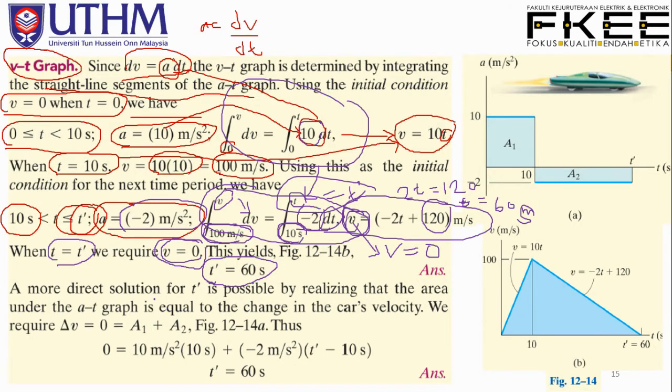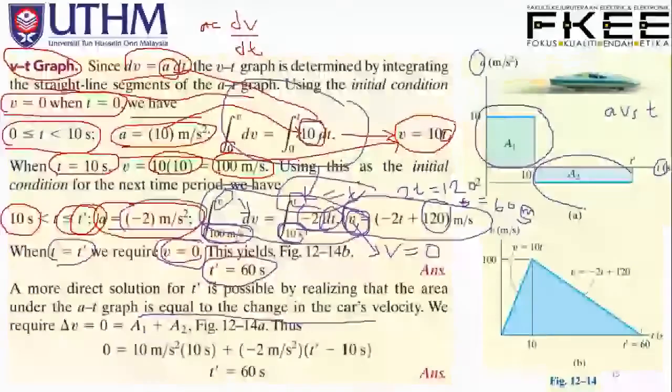The more direct solution for t prime is possible by realizing that the area under the a-t graph is equal to the change in the car's velocity. So this is the a-t graph, the acceleration versus time. The area under this graph is actually equal to the change in the car's velocity. This means the change of speed or velocity.